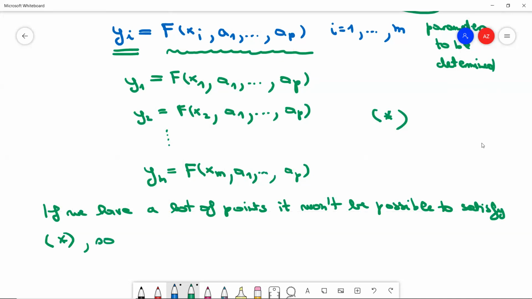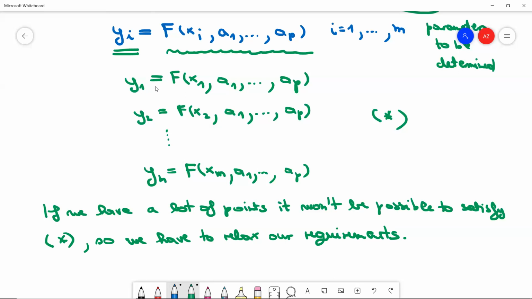So we have to relax our requirements. Of course, it's possible to satisfy this system if the function is complicated enough, but we don't want F to be too complicated. So we rather relax our requirements, and the requirements are then not equalities here, but approximations.